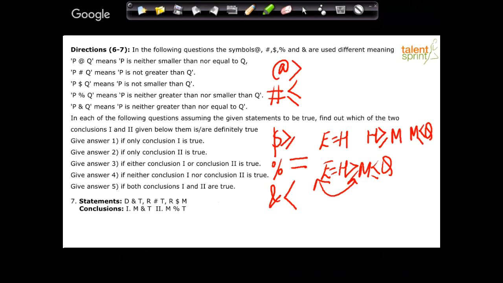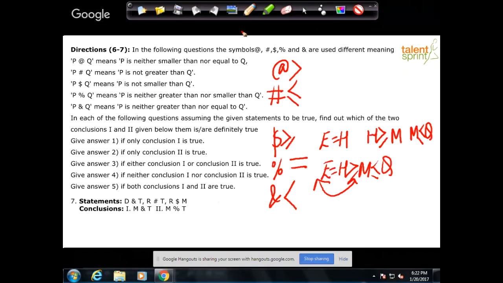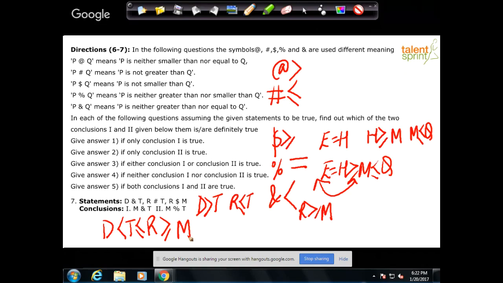They tell us D & T, which actually means that D is less than T. R # T, which means that R is less than or equal to T. And third, R $ M would mean that R is greater than or equal to M. If we try and put them in one line, we will get the relationship D < T, T >= R, and R <= M. This is the relationship, boys and girls, that we can draw here.